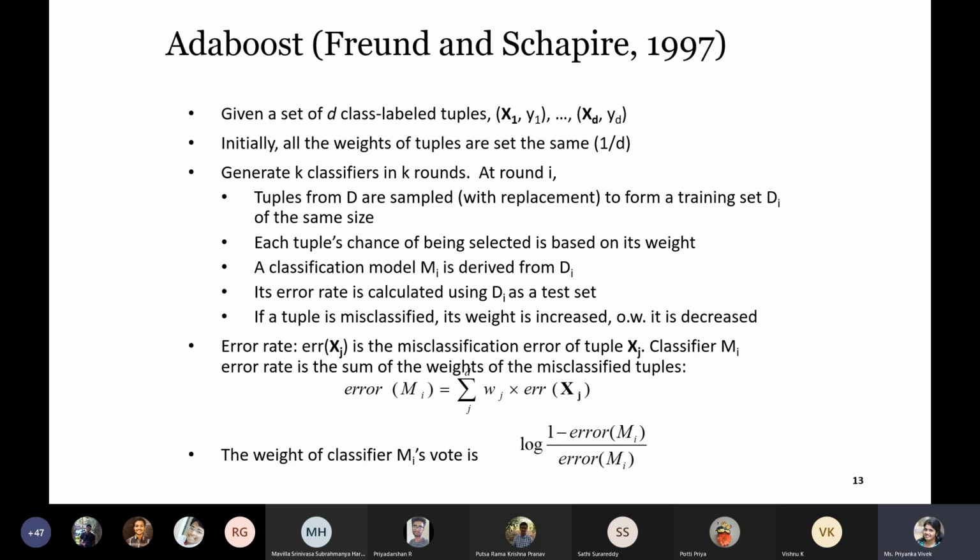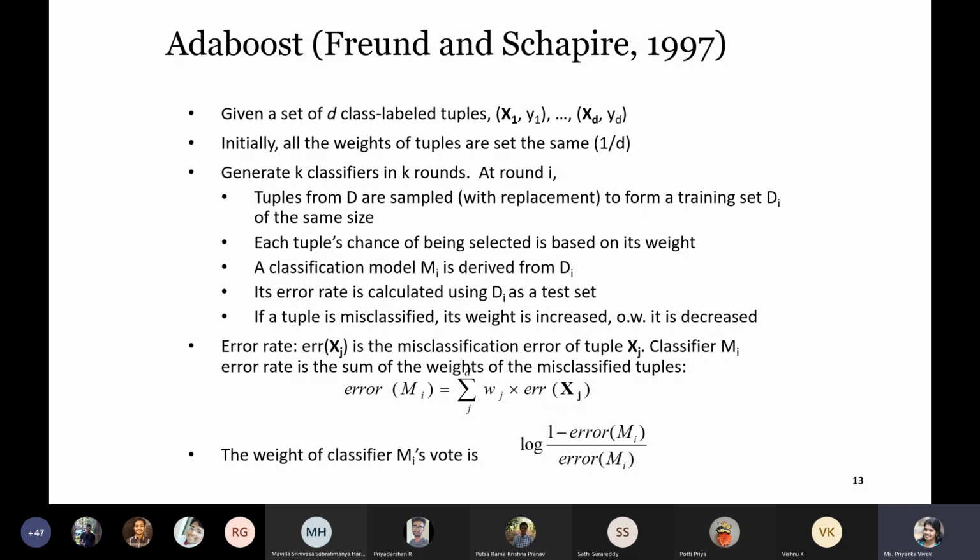If a tuple is misclassified, it gets more weightage so that it is selected again. Why are we doing this? Because if it is misclassified, you need to give more attention to it. That means the next models will concentrate on trying to correct it. That is why we give that kind of weightage.